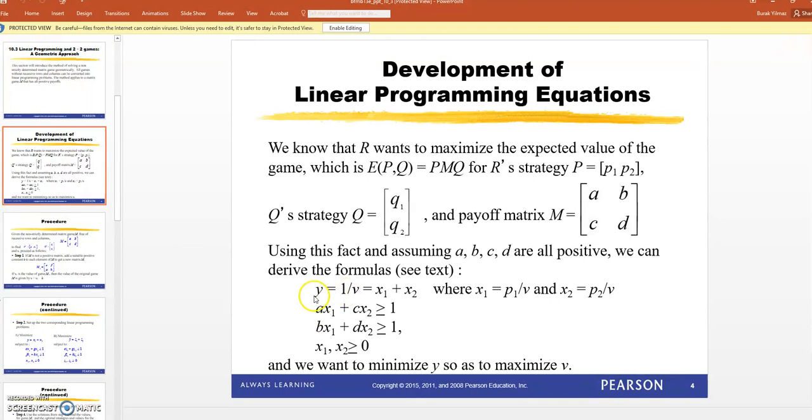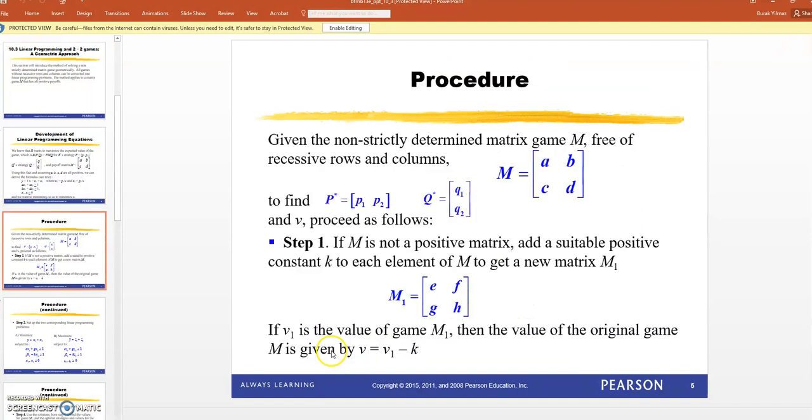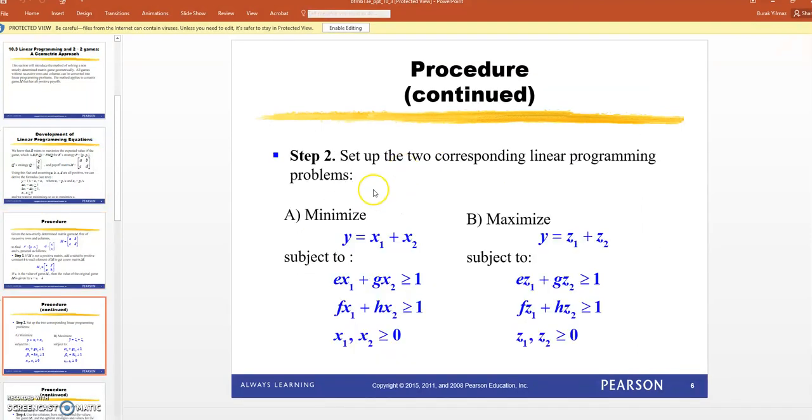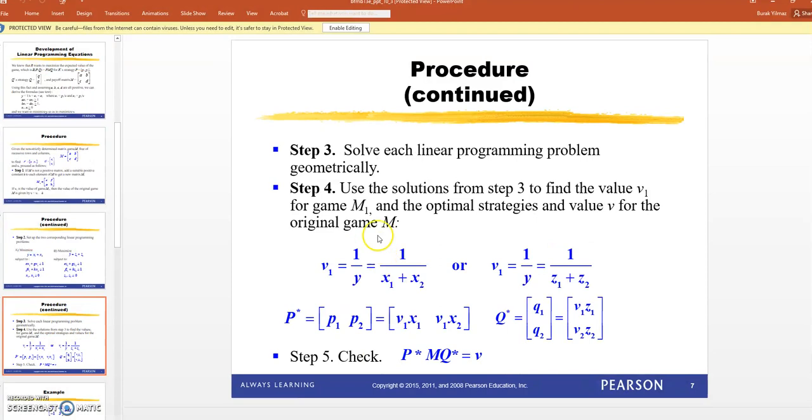Basically you set up the minimize, maximize formulas with these constraints, and then you get all of these, and you solve each system. Once you solve each system and figure out the v, you just multiply x1, y1, and z1, z2 with those v values, and that would give you the solution. But this is kind of the hard way, the geometric approach.